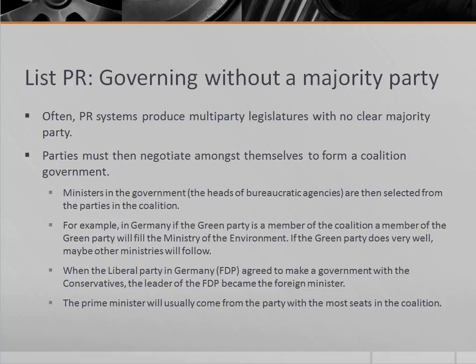making deals in order to secure a distribution of power, but in the United States and in the UK, to a lesser extent, the deal making happens before the people go to the ballot box, and in the list PR systems, it happens after.